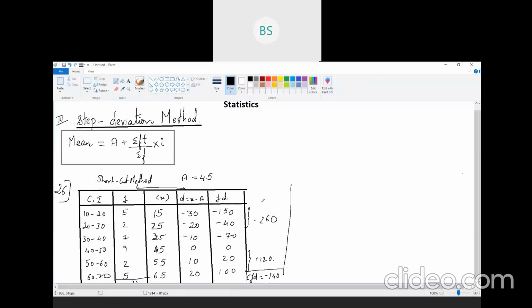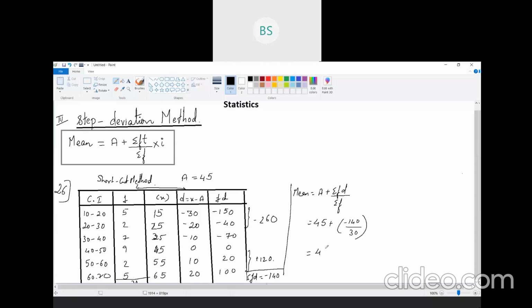and sigma f is 30. So mean is equal to a plus sigma fd upon sigma f. So that will be 45 plus minus 140 upon 30.